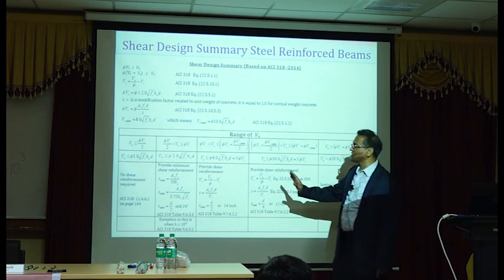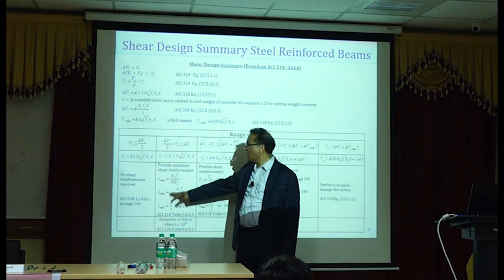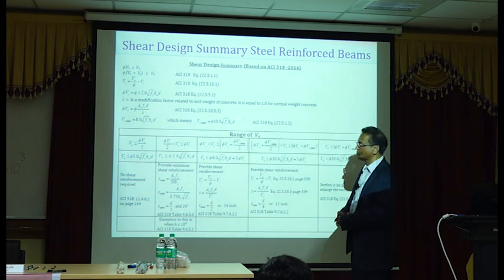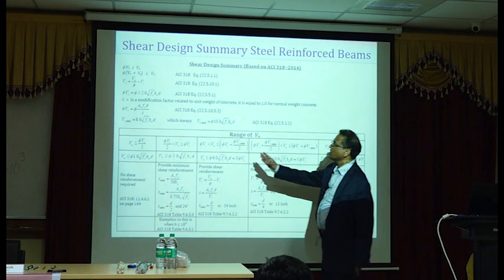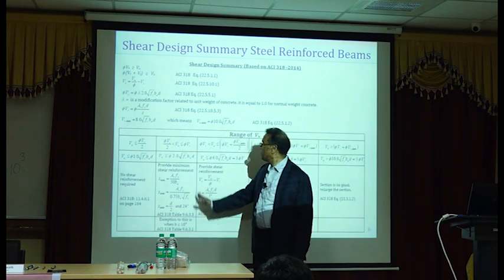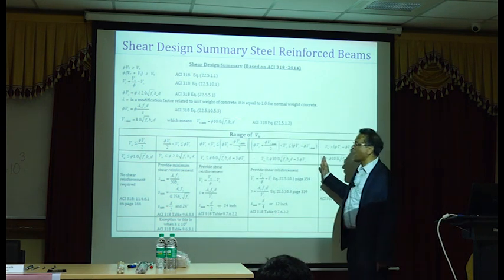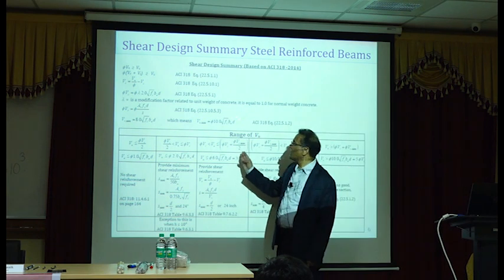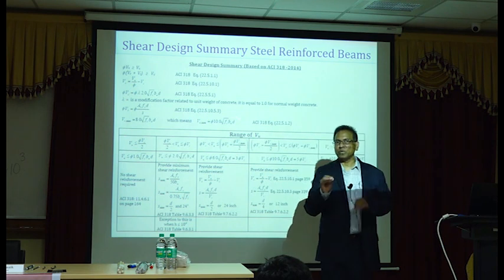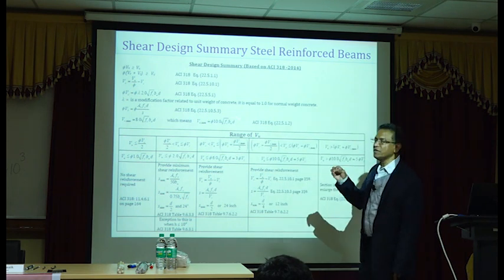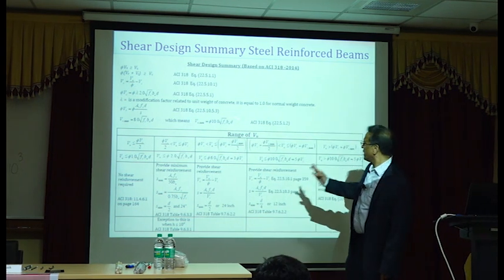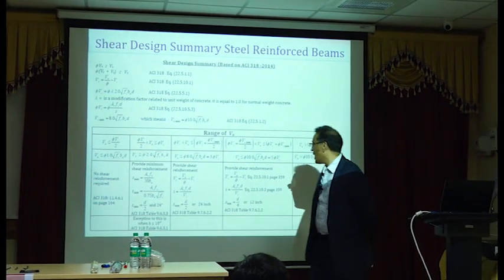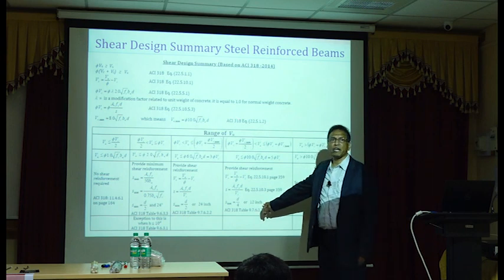For minimum reinforcement, there is a maximum spacing limit, S max, based on minimum shear reinforcement. That's up to this point here. Beyond that, you design your actual shear reinforcement. Depending on how severely your beam is loaded, if it is shear critical, then you use a smaller spacing, S max over 4 and about 300 millimeter.